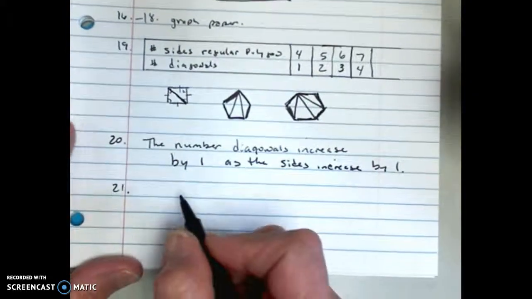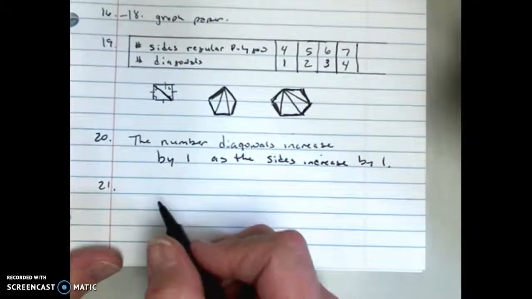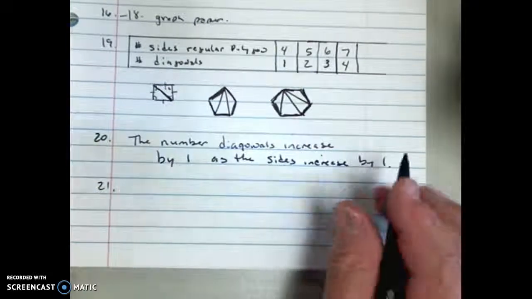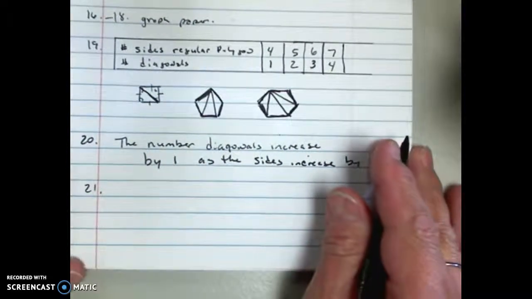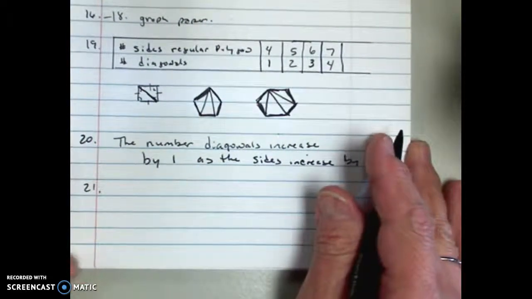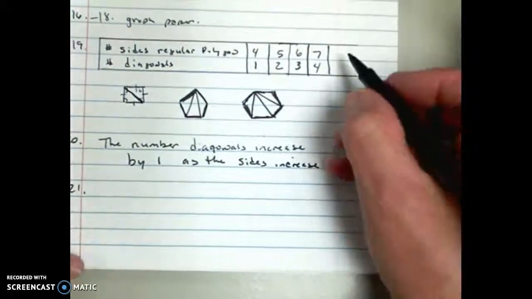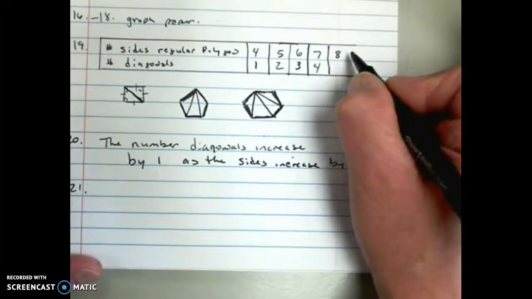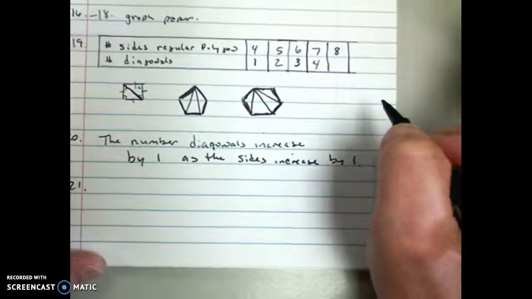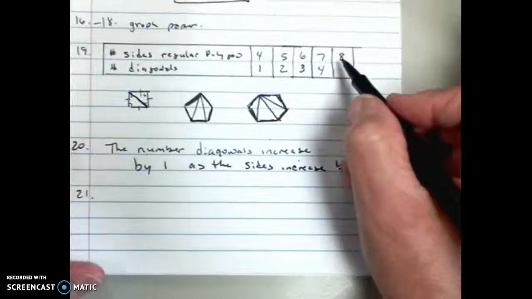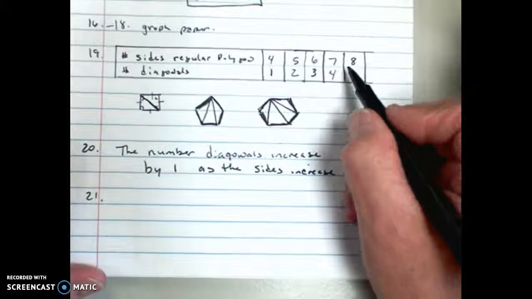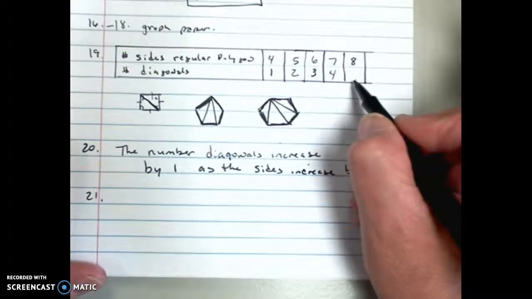Number 21, we want to predict, so use the pattern we found in number 20 to predict the number of diagonals that we would have from a regular polygon with 9 sides. So see if you can think about this. If we changed it to 8, let's keep this going. If we had 8 sides, how many diagonals would there be if we follow the same pattern?